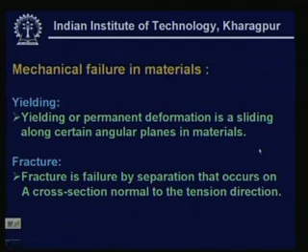Yielding, or permanent deformation, is a sliding along certain angular planes in the material. Another is fracture. Fracture is failure by separation that occurs on a cross section normal to the tension direction. That means the failure of a material can take place either by yielding or by fracture.